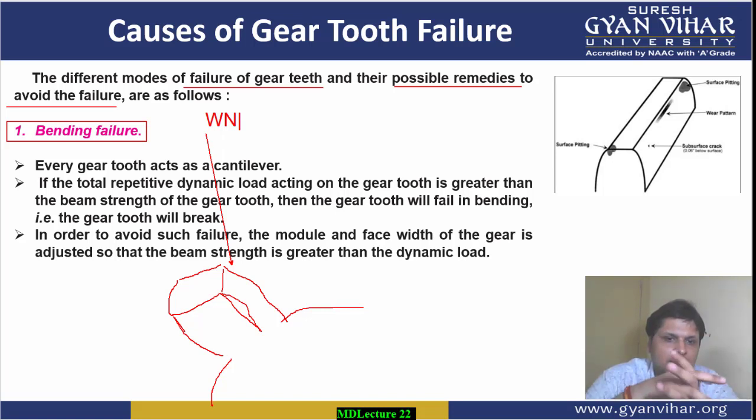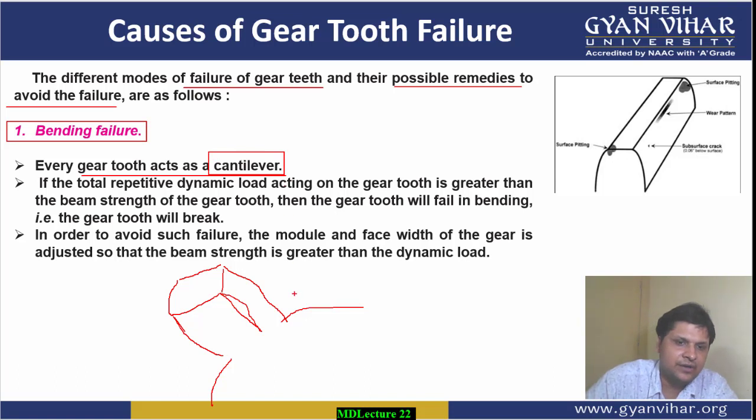So while framing an equation for beam strength of the tooth, we have considered that each gear tooth is a cantilever. Why have we considered this?